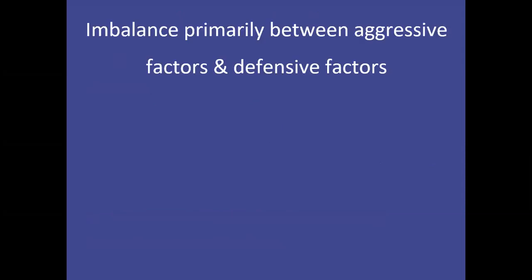Okay. Now, not the whole pathophysiology of ulcer, but primarily you should appreciate that there is some imbalance between the defense mechanisms and aggressive factors in the stomach and intestine, which will lead to the development of peptic ulcer.